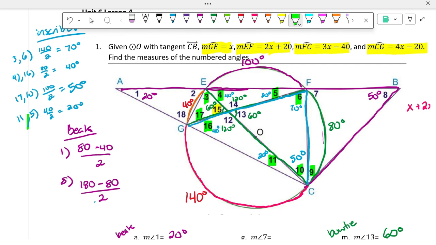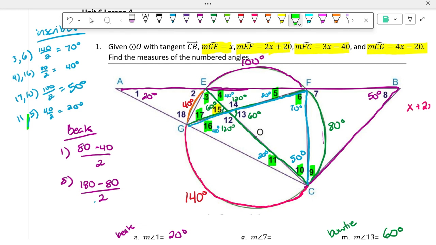Now, this is one where it's coming from a tangent line. All right, so BC is your tangent line. So it's a tangent with a secant because FC is the secant. So if 9 is the tangent line, then what's its intersecting arc?